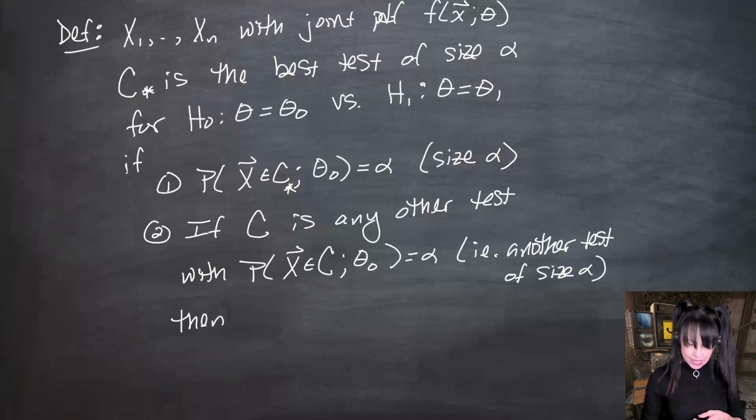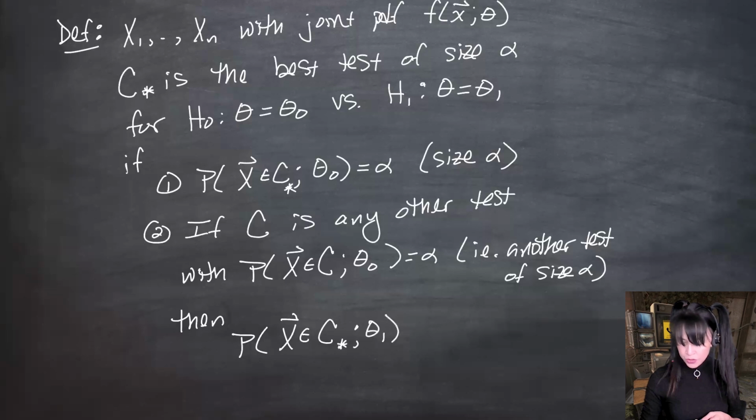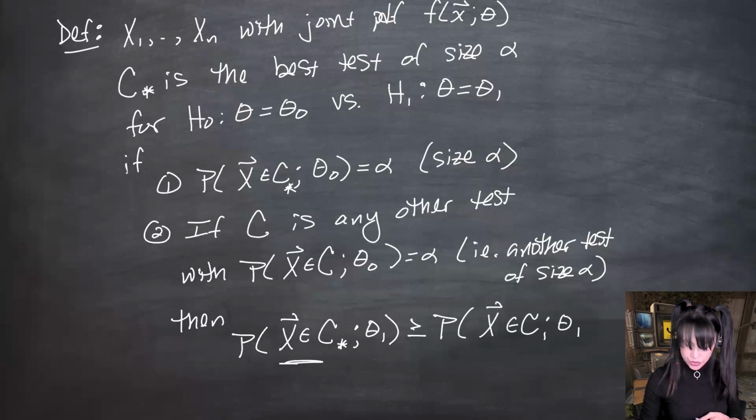Then the probability that X is in what we're calling the best test when the alternative hypothesis is true, so this is a rejection. If you're in the critical region, you reject. We want it to have the highest probability of rejecting. So this is greater than or equal to the probability that X is in C when the alternate is true.